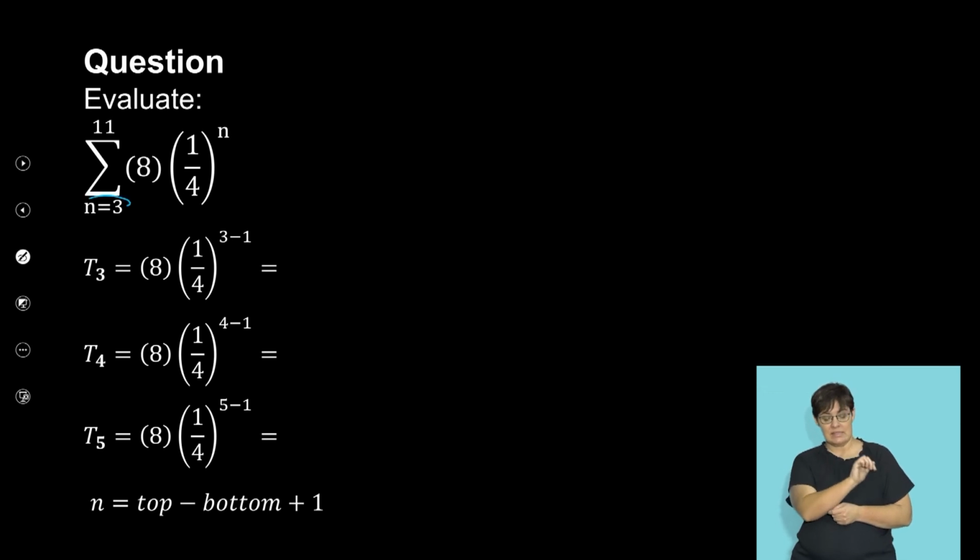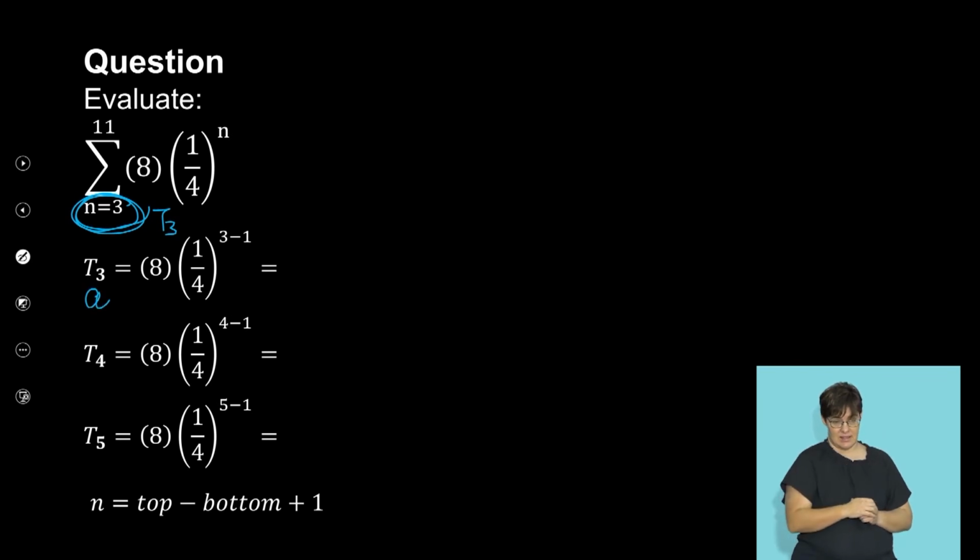Because the actual series, or the sum, starts at term 3, term 3 is my a. Because term 3 is my a, I need to actually know what the value of it is. So each time I'm going to substitute in n is equal to 3, n is equal to 4, and n is equal to 5 to find the first 3 terms of this particular sum.